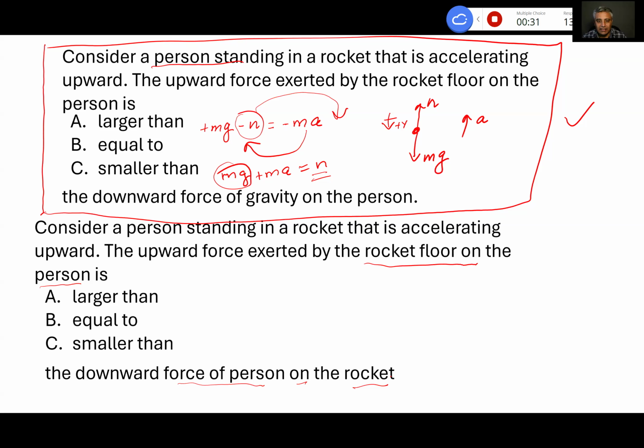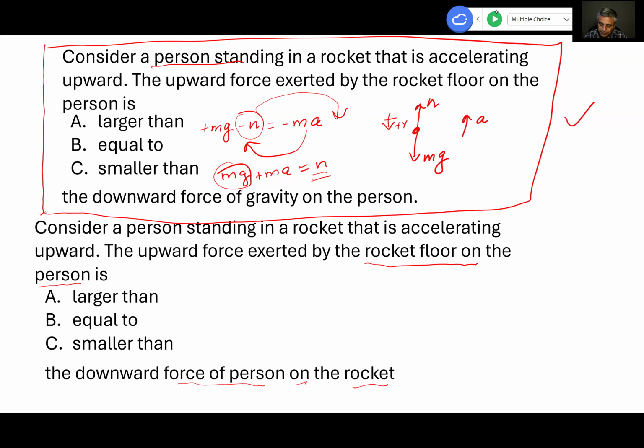Thirty more seconds. And this is 5 more seconds. 5, 4, 3, 2, 1, and it stops.